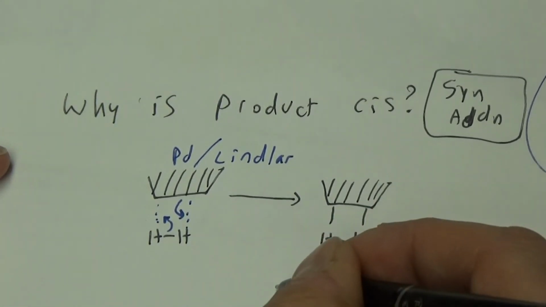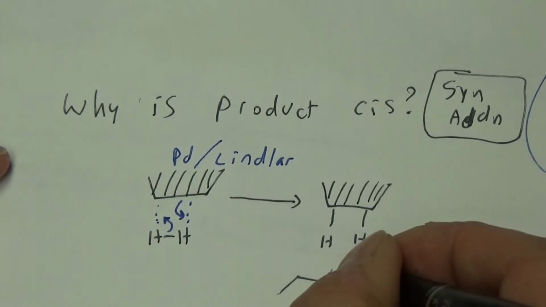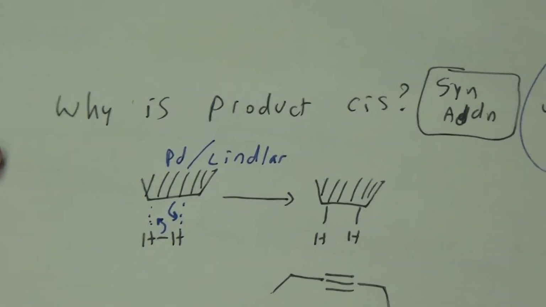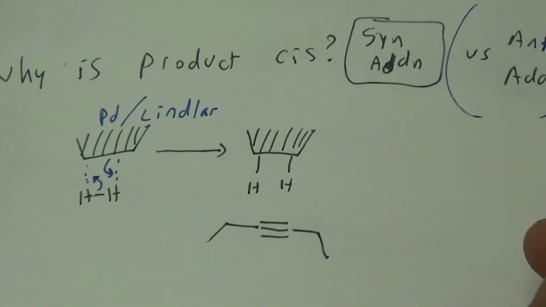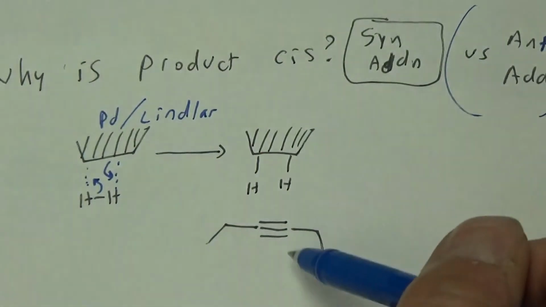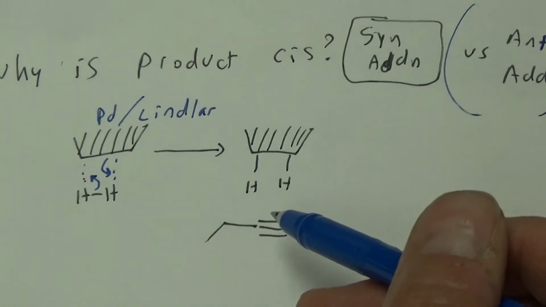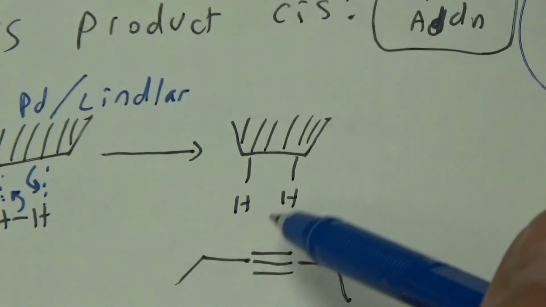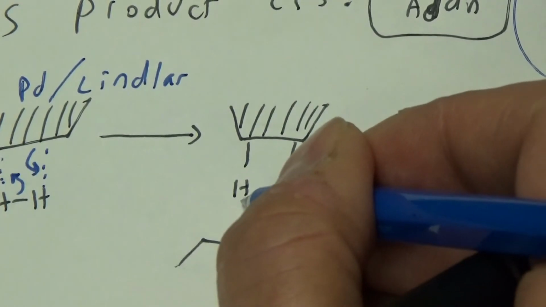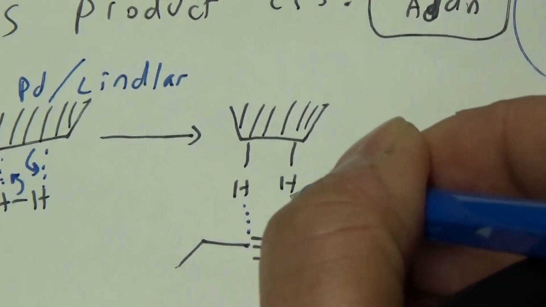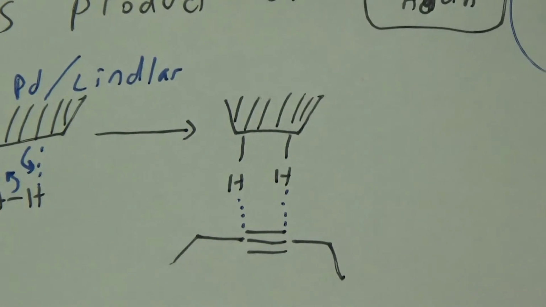And then our alkyne, I'll just draw this alkyne. It sits underneath this surface with the H2 absorbed onto it. Then the addition happens like this, dot, dot, dot. That's the electron movement.